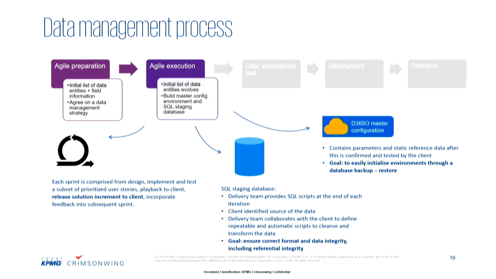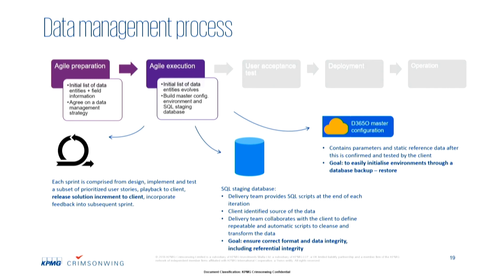The master configuration database also evolves during the sprints and the iterations. It will contain all static data: parameters and a large amount of reference data. The goal of this environment is that when we create new environments, we can initialize them quickly through a database backup and restore.